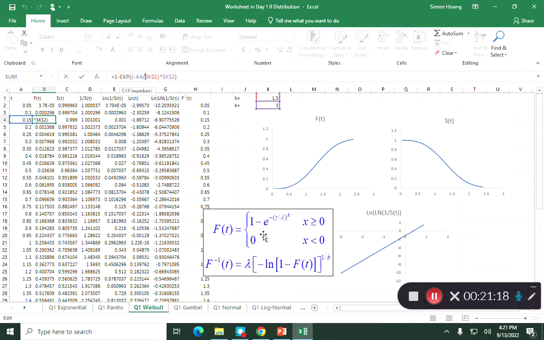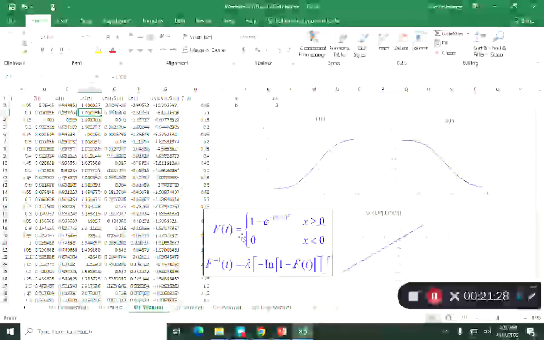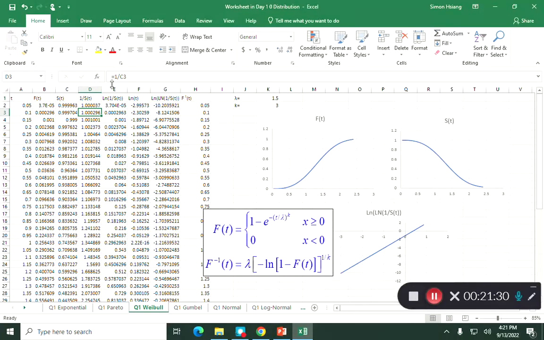And then for the FT, St is equal to 1 minus FT. And then 1 over St is this one. And then 1 over log 1 over St and plot against log t.